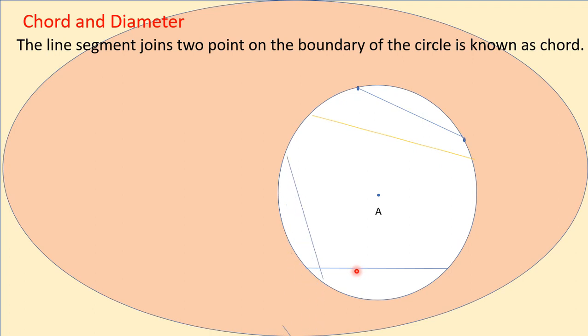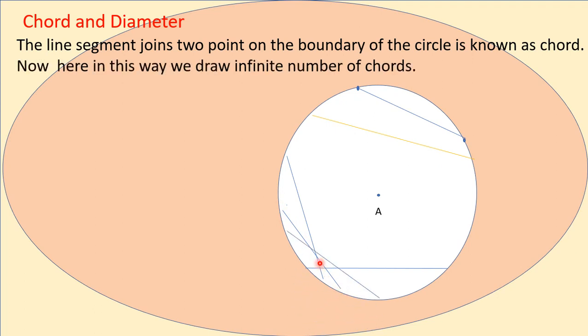In the same way we can draw chords by joining two points on the boundary of the circle. So this is known as the chord. Here we have more than one chord. In this way we can draw an infinite number of chords in a circle.